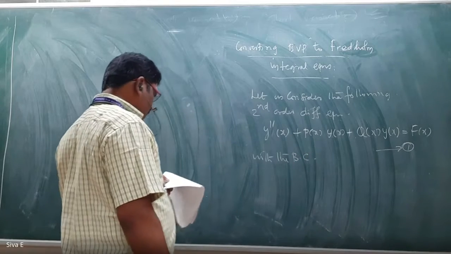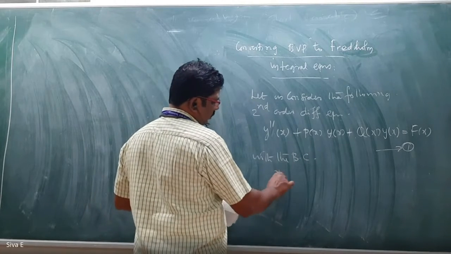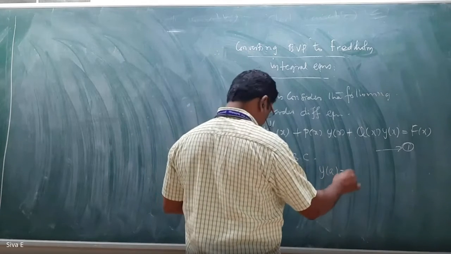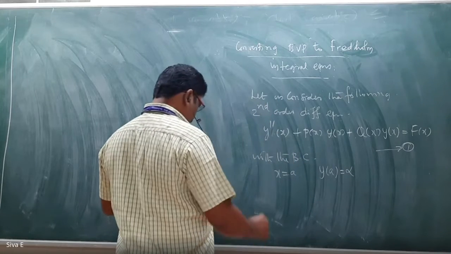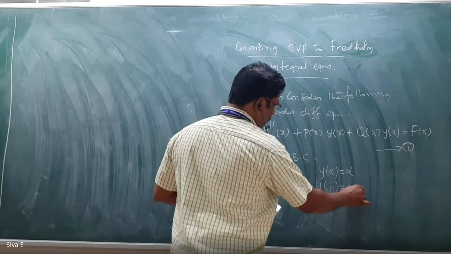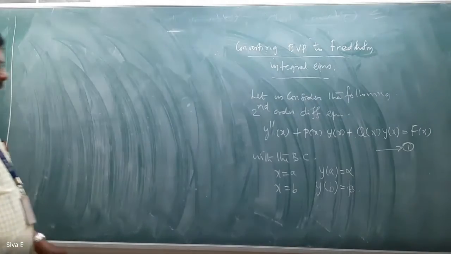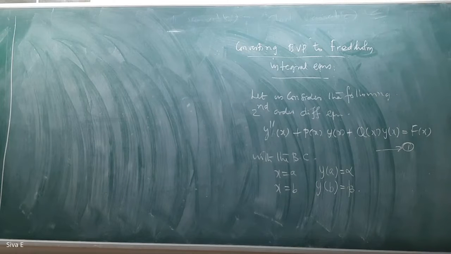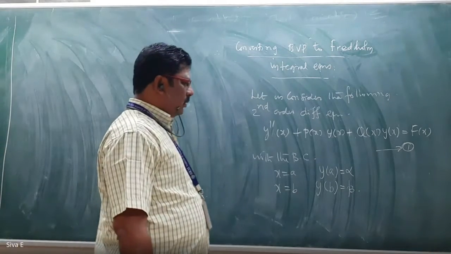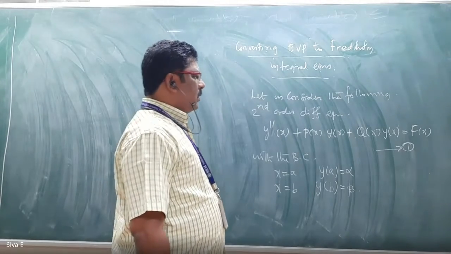The boundary conditions: when x equals a, y of a equals alpha, and when x equals b, y of b equals beta. Usually, what are called the boundary conditions?